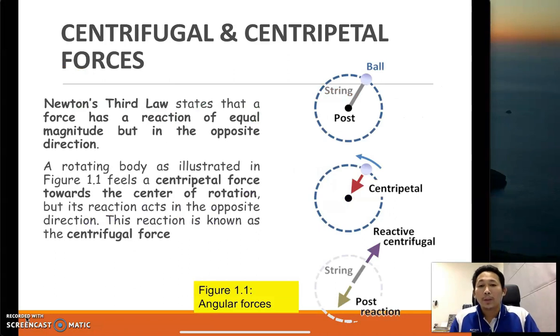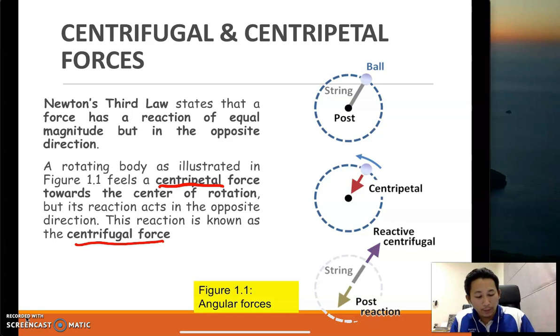Before that, we need to know the centrifugal and also centripetal forces. From Newton's third law, force has a reaction of equal magnitude but in the opposite direction. A rotating body, as illustrated in figure 1.1, feels a centripetal force. So we have the centripetal and also the centrifugal, where the centripetal force is towards the center of rotation.